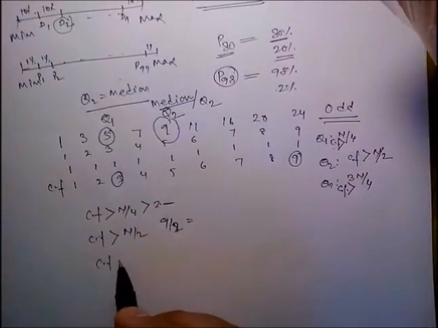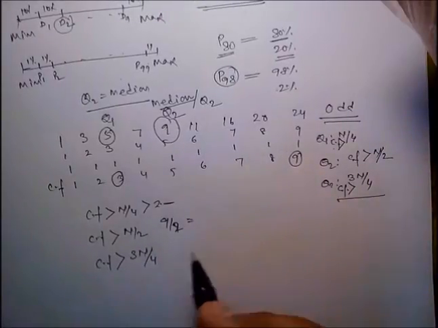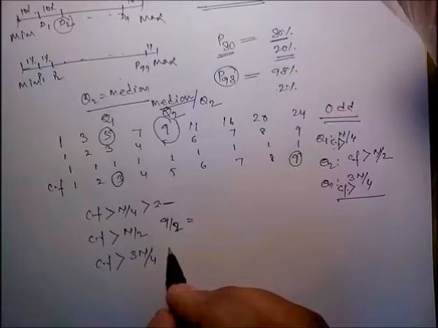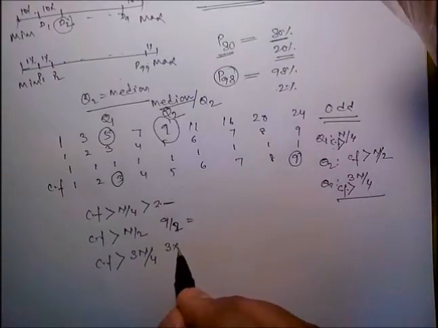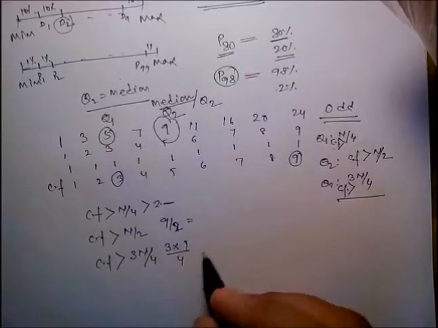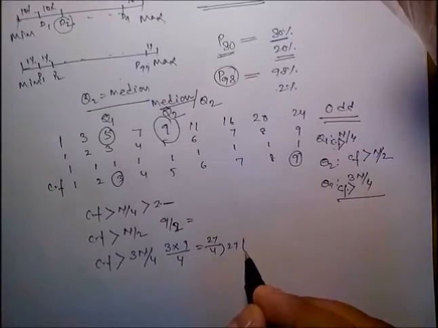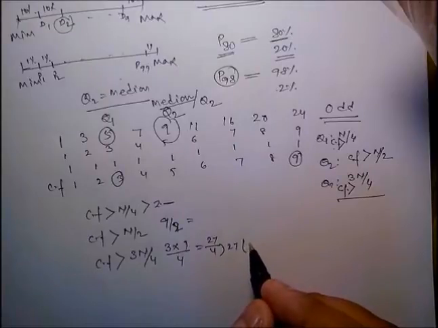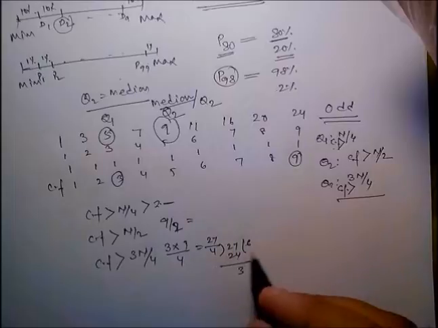And identify the cumulative frequency just more than 3n by 4. So 3n by 4 means 3 into 9 by 4, so 27 by 4, which is 6 point something.